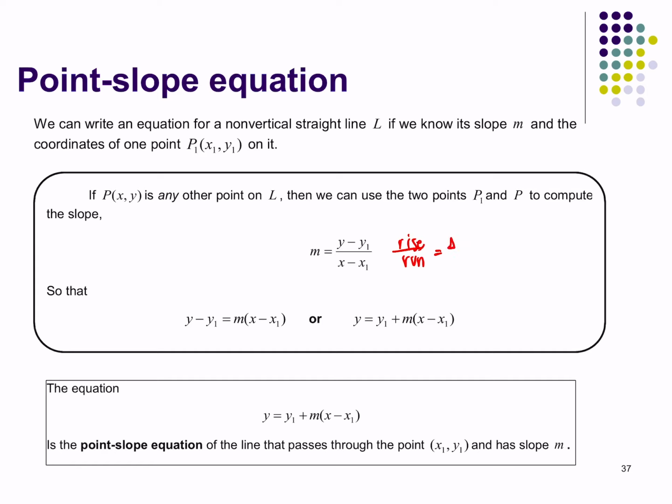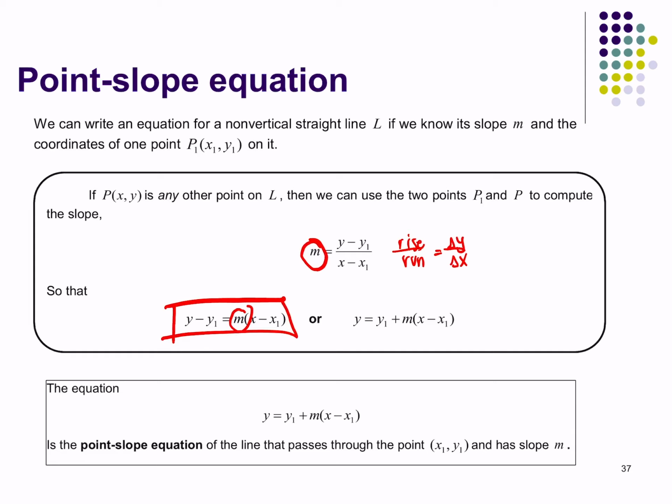In other words, it is the increment along the y divided by the increment along the x coordinate system. So if you want to find the point slope equations, remember we have to first find the value of the slope, and then we plug in that value of the slope. So this is the exact point slope equation that you need to stick with.